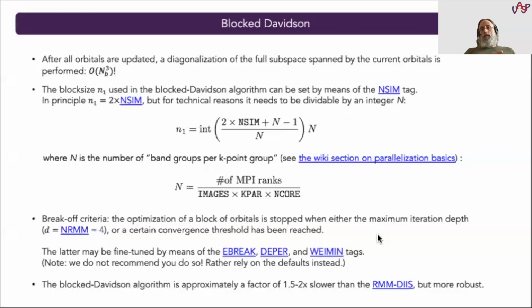They are related to the size of the residual, the change in the eigenenergy of an orbital from one step to the next, and so on. We do not recommend that you play with these parameters, but rather rely on the defaults. So the block Davidson is approximately 1.5 to 2 times slower than RMM-DIIS, but more robust. So let's move on to RMM-DIIS.